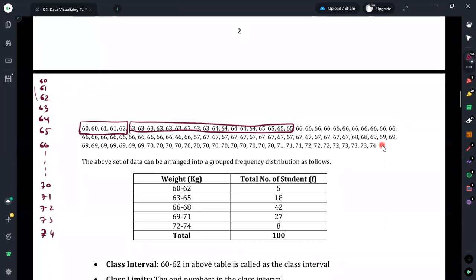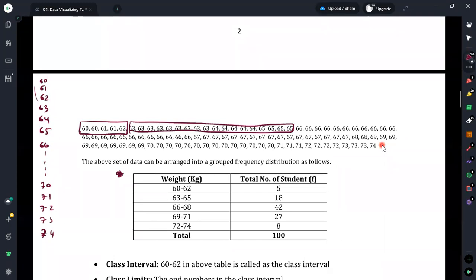After discussing some terminology used in frequency distributions, I will discuss how to obtain a group frequency distribution in this form. Here I have just used this as an example only. Obtaining a group frequency distribution will also be discussed in the latter part of this session.